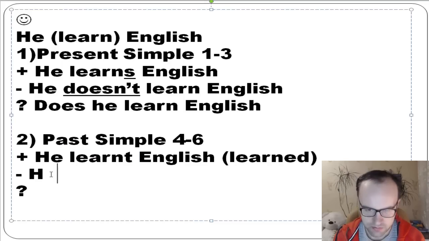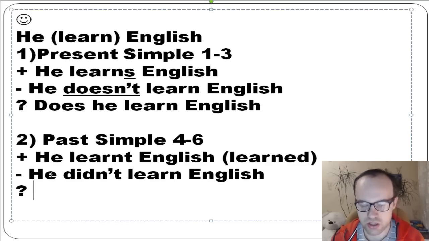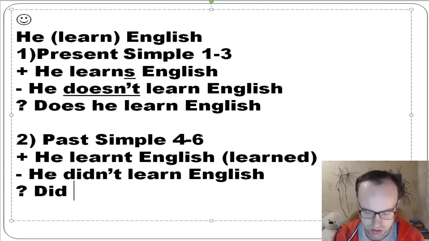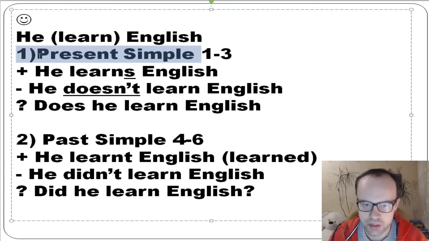Negative form. He, so we use didn't. He didn't learn English. And you want to ask a question, you need did in past simple. So did he learn English? Did he learn English? Okay, very good. So we have present simple.